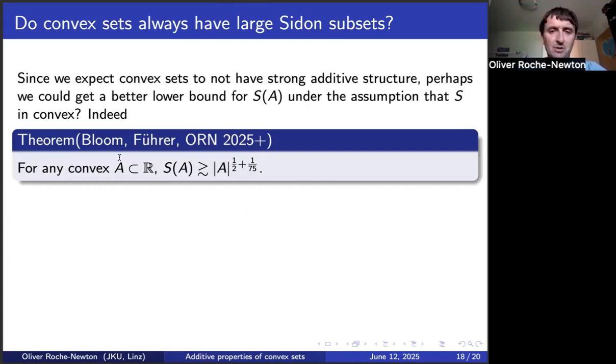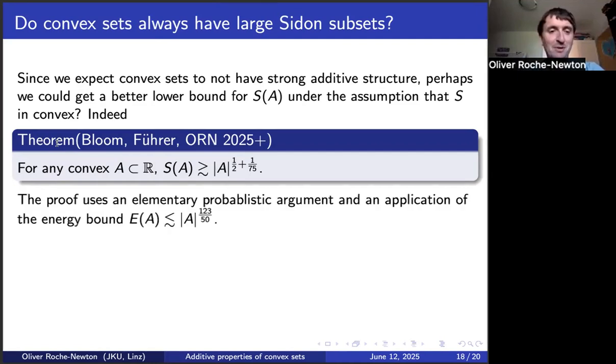This is a fairly simple observation in the end, using some Alon-Spencer chapter 2 probabilistic methods. Day 2 of your probabilistic methods course, you would learn how to do this as an exercise, if you were given some clues, maybe. So we use an elementary probabilistic argument and some bound on the energy.